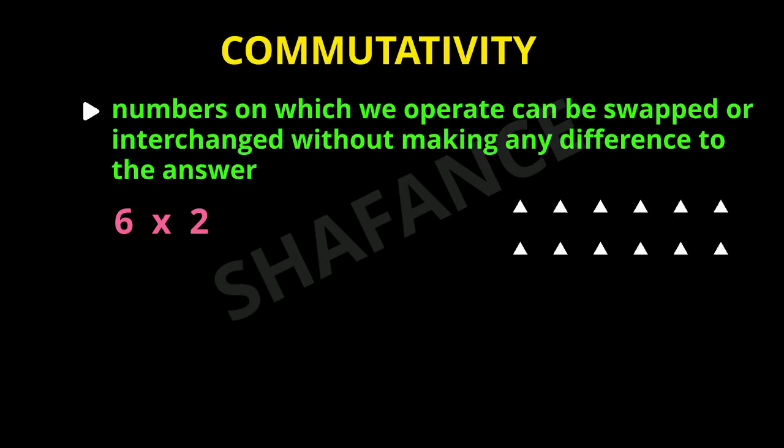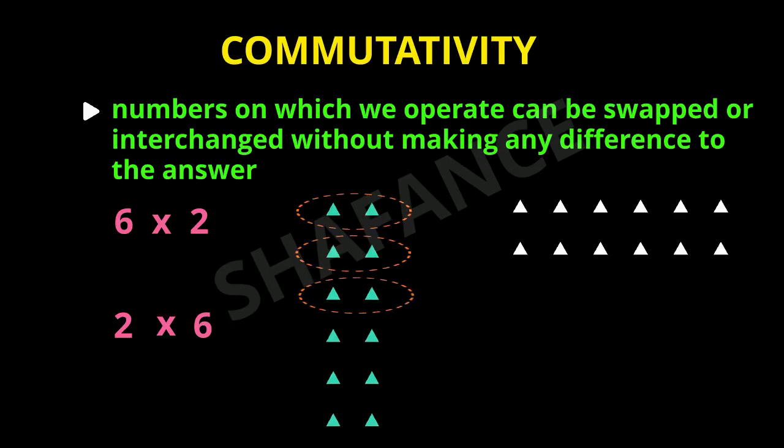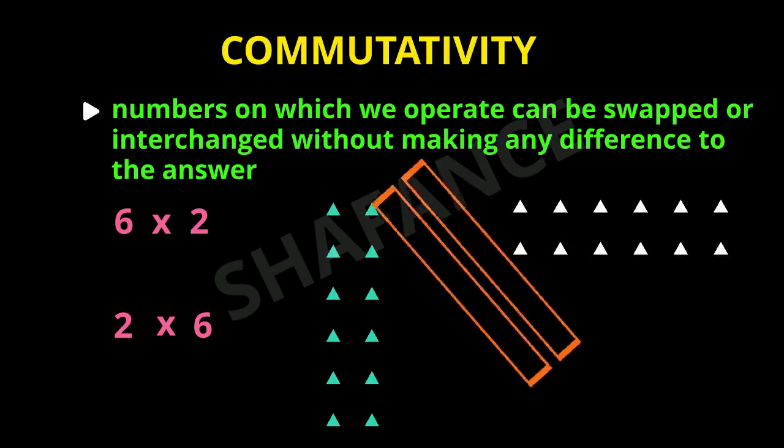Now let us interchange the numbers. So 2 comes first and 6 comes later. Now we are doing 2 multiplied by 6. Again we can see in the diagram that we are taking 2 steps 6 number of times. So again, in 2 multiplied by 6, we are taking 12 steps. It's just that the orientation of the steps is different.